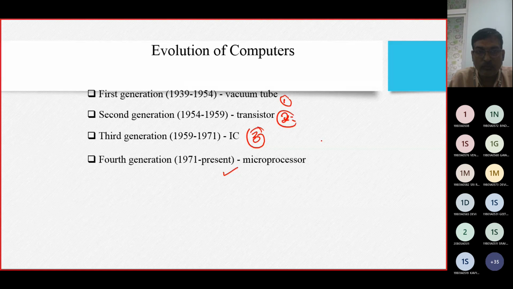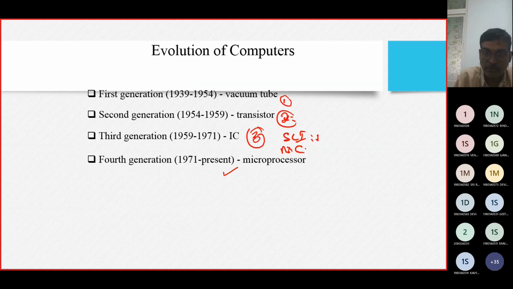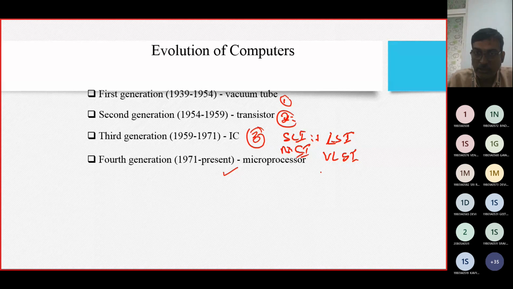When we were talking about the third generation computers, we have small scale integration, medium scale integration, large scale integration, and very large scale integration. In this way, we have the different integrated items.